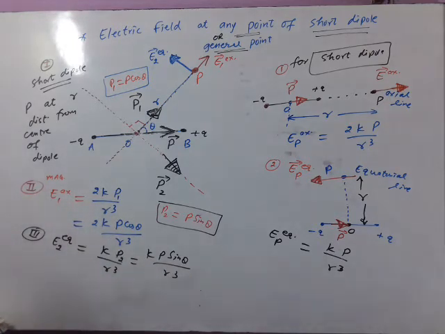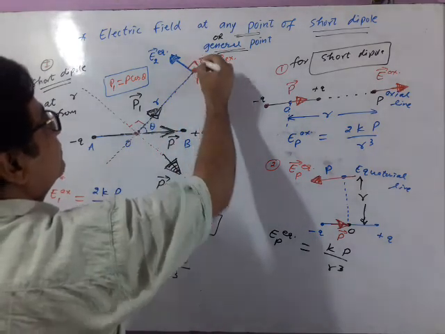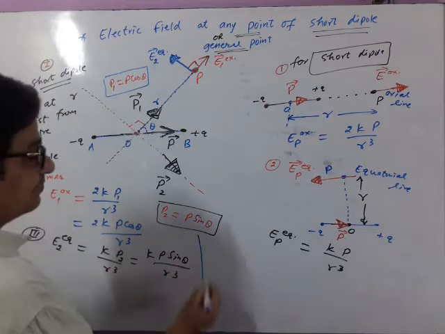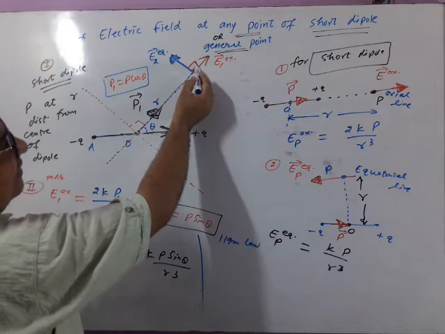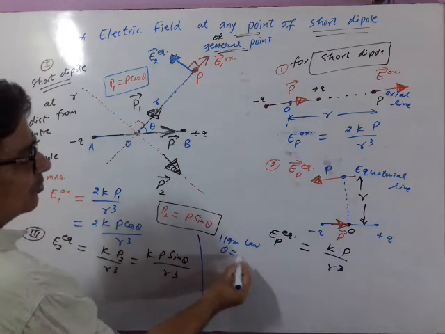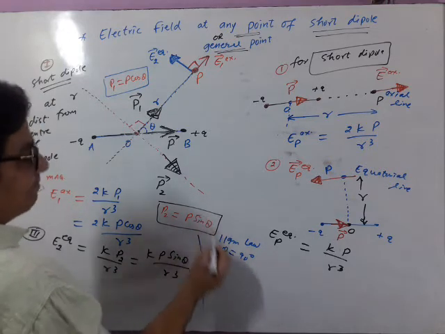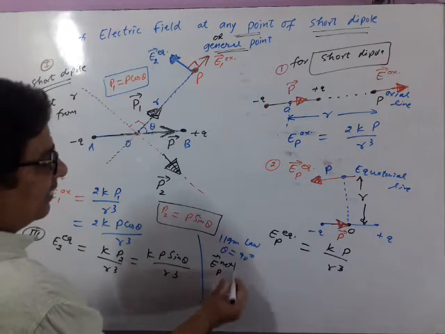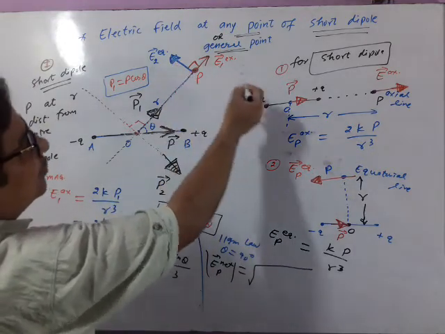Now you see these two vectors are perpendicular to each other, so we will apply the parallelogram law. As per the parallelogram law, when two vectors are given inclined at an angle of 90 degrees, joined from tail to tail, then their resultant magnitude, that is the net electric field at any point, will be the square root of a squared plus b squared plus 2ab cos 90.